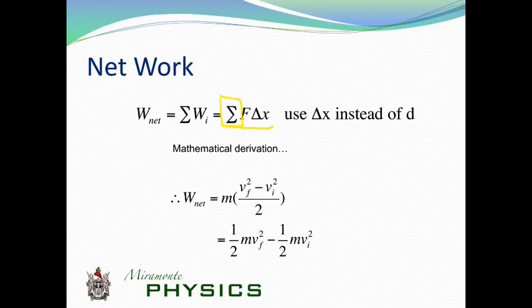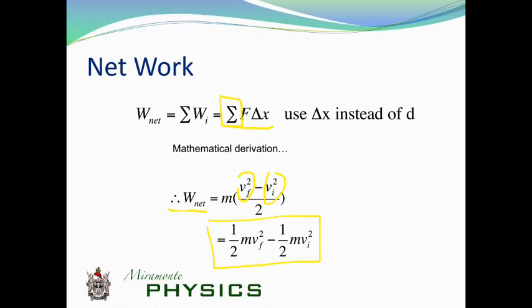If you've never had calculus, don't worry about it. With a little bit of calculus, there is a derivation that will show you that the net work is equal to 1/2 m times the final velocity squared of an object minus the initial velocity squared of an object. We can rewrite that term to look like this.